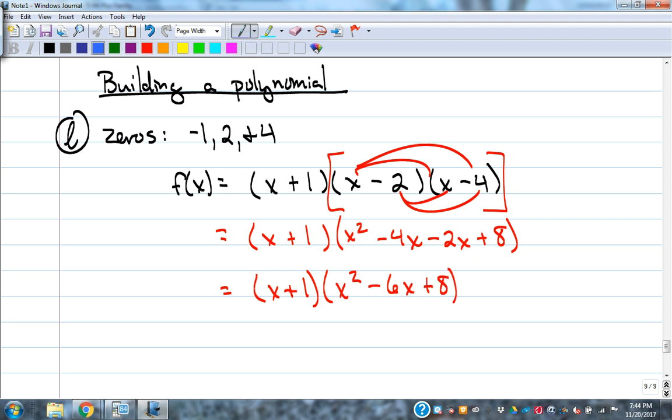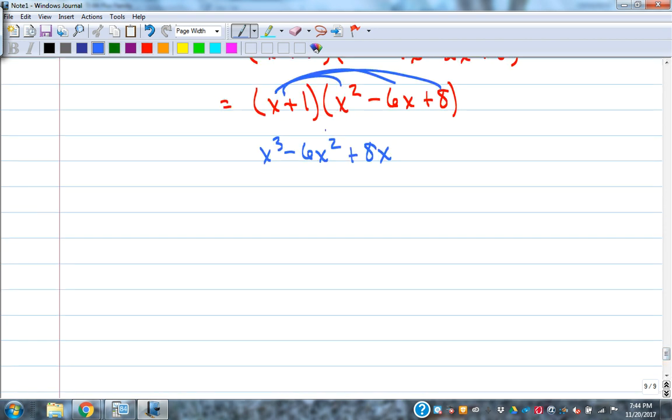And then I'm going to distribute x to that thing. So it'd be x to the third minus 6x squared plus 8x. And then I'm going to distribute 1 to it.